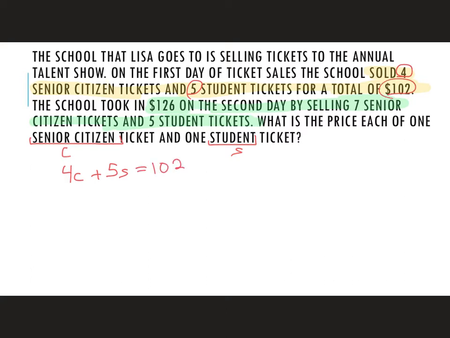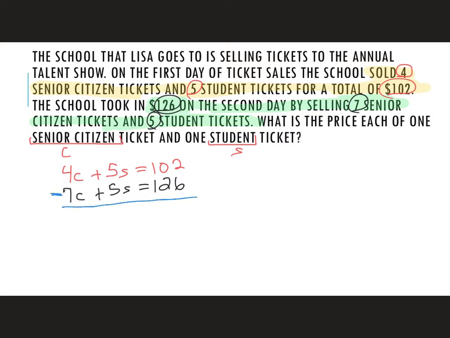For my other equation, I'm looking at that second sentence, $126, that's my equals, but it was 7 senior citizen tickets, so I've got 7C plus 5S equals $126. So, as I can see, I have the same coefficient here, so I'm just going to subtract these two equations.